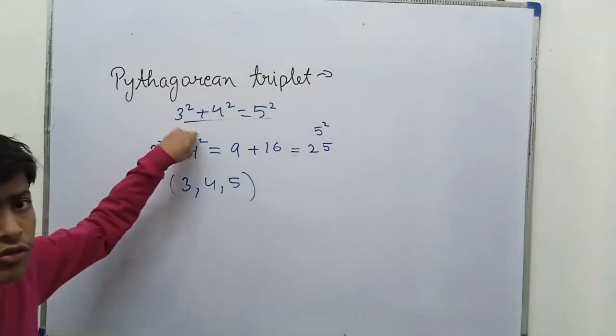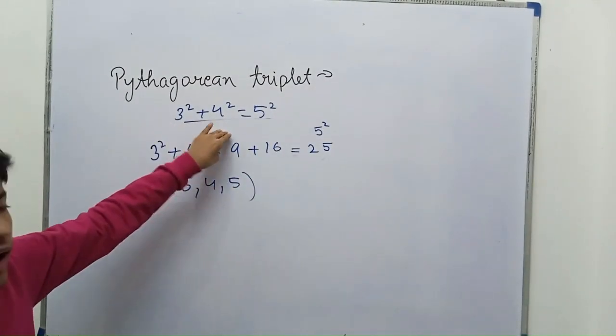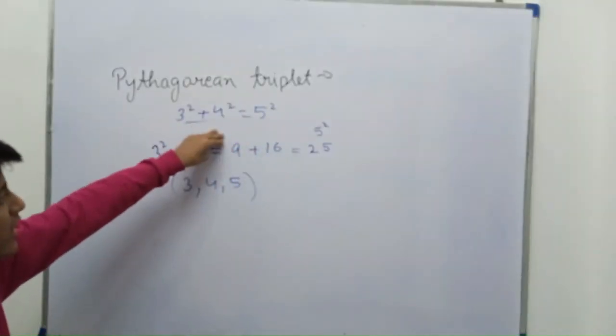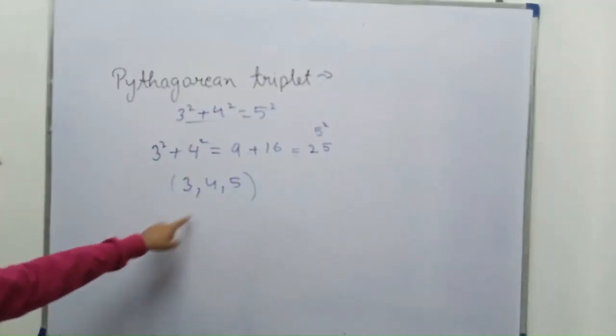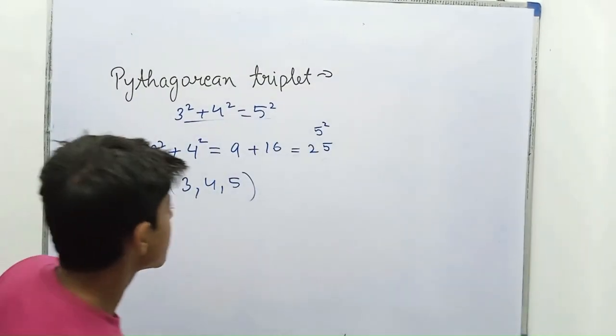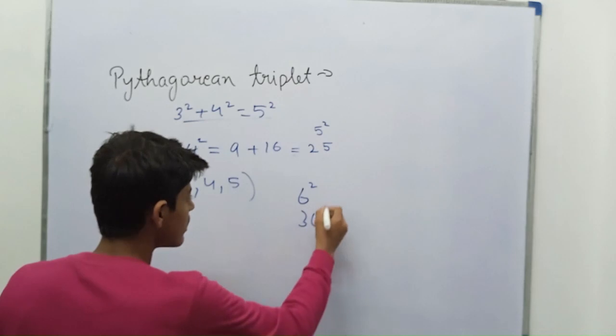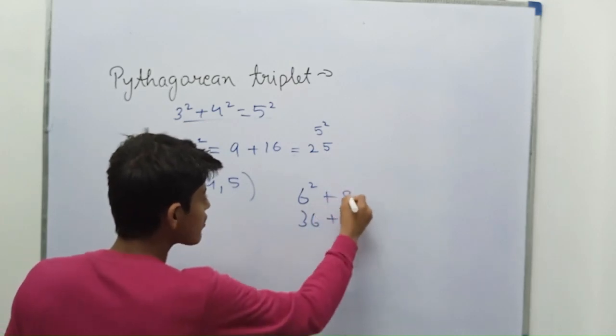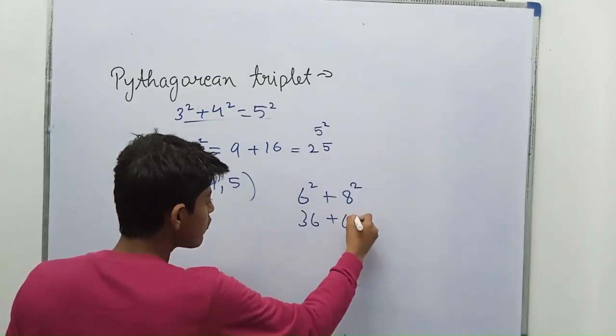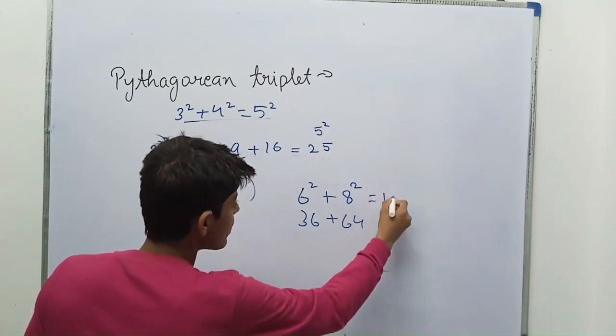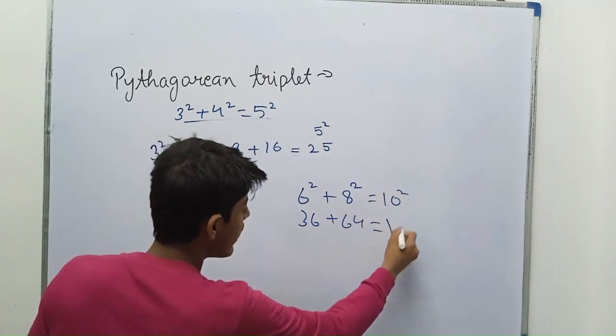So 3 square, which is 9, and 4 square, which is 16. If we add these both, we get the square of 5. Like this, I will tell you one more example, which is 6 square, which is 36, plus 8 square, which is 64, is equal to 10 square, which is equal to 100.